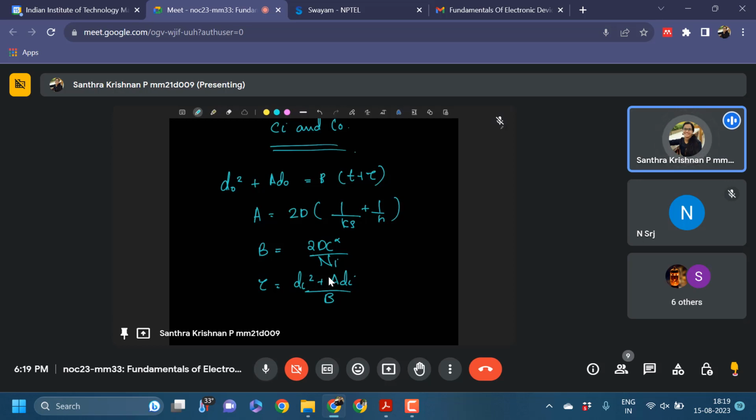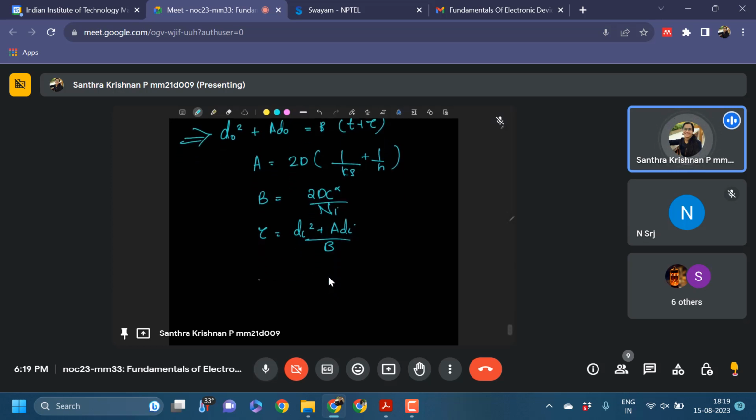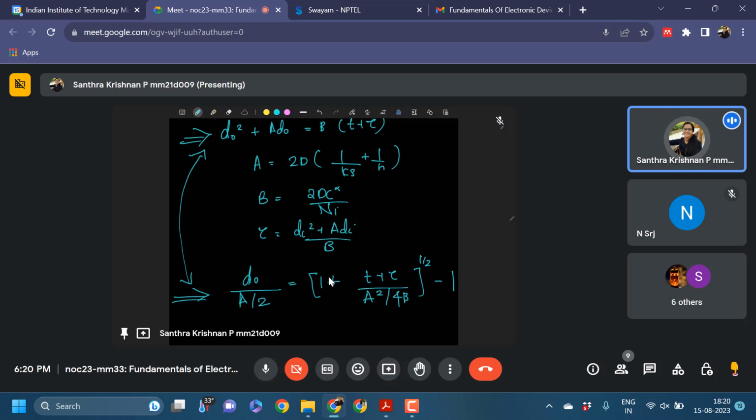Another thing we can do is rewrite this equation in the form D0 by (A by 2) is equal to [1 plus (T plus tau) by (A square by 4B)] the whole power 1 by 2 minus 1. This same equation will be rewritten in this form.